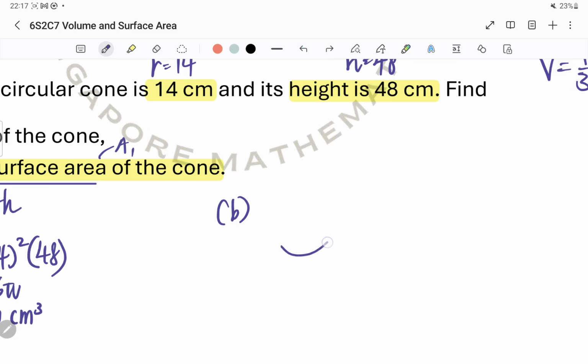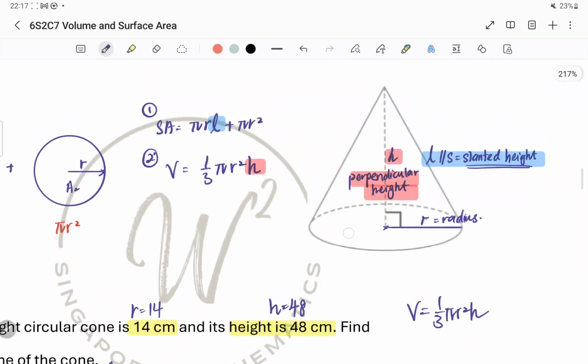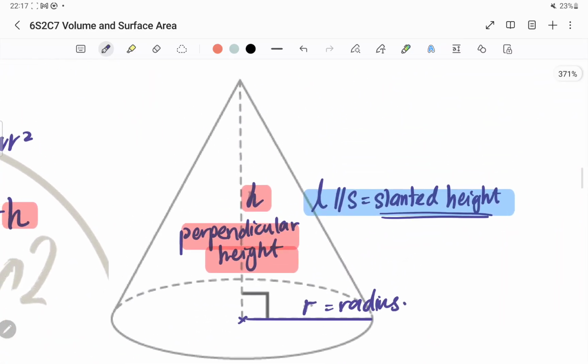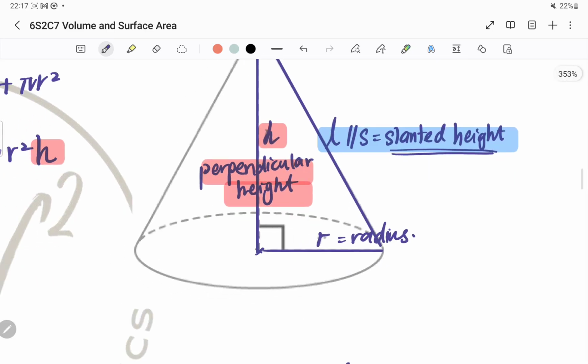The problem now is I don't know what my slanted length is. The question didn't give it to you, but it gives you enough information. If you look back at my diagram, this height and this radius form a right angle triangle.